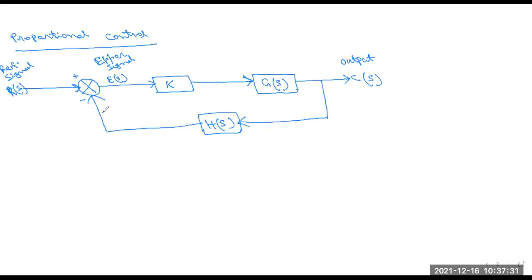And this is the feedback signal, which connects the output to the summing point. And the signal calculated at the controller, here, is called the actuating signal. So this is basically the block diagram of proportional control action.